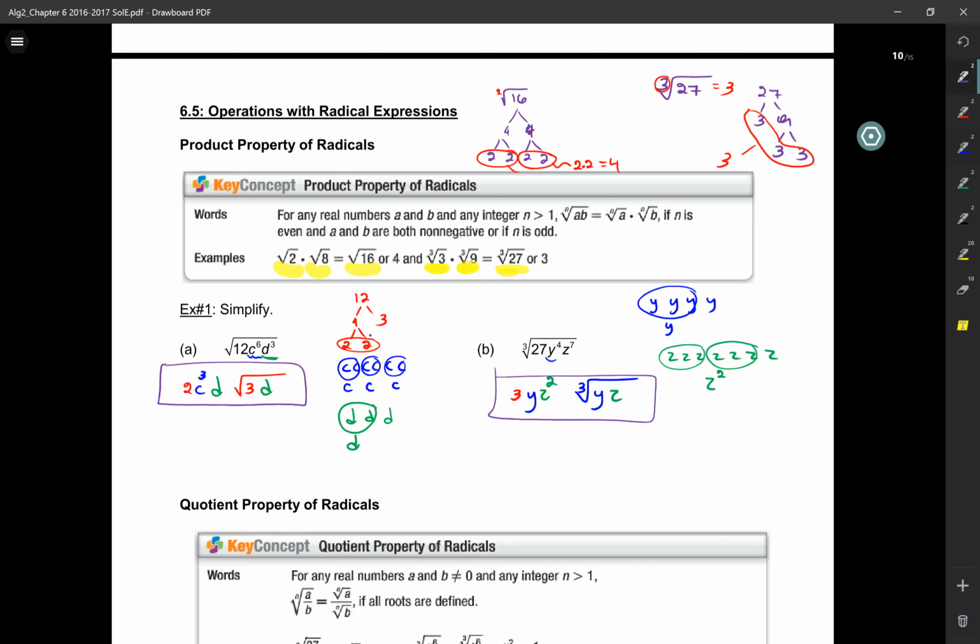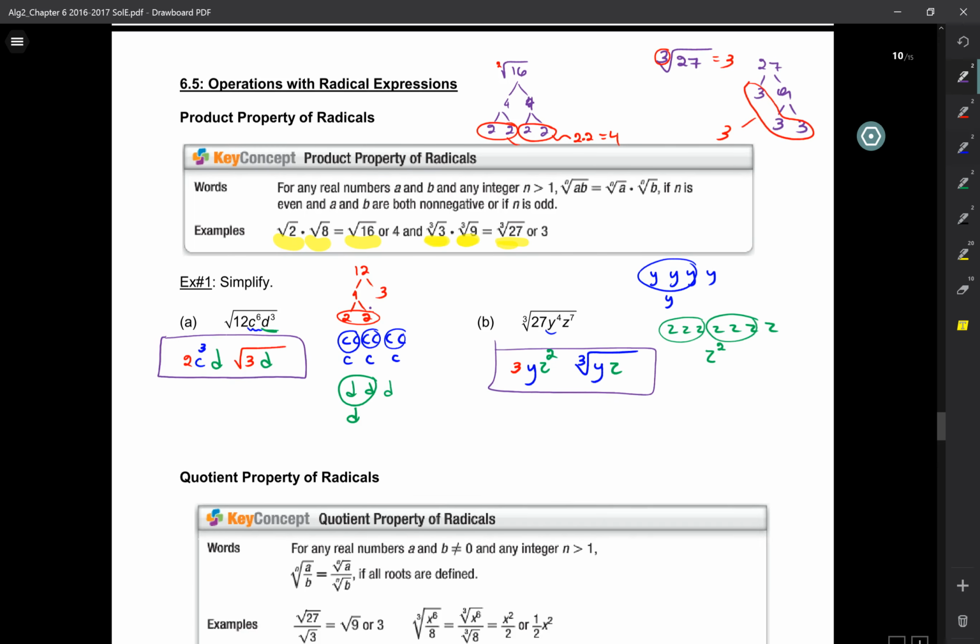Divide by 3. That's a good way. So let's find the remainder. Here we have y to the 4. What's the index? Here, it's a 3.